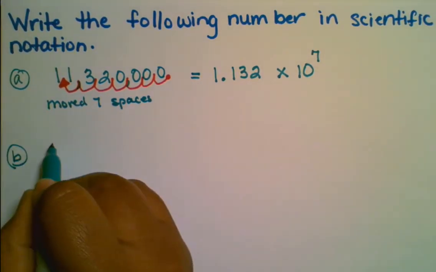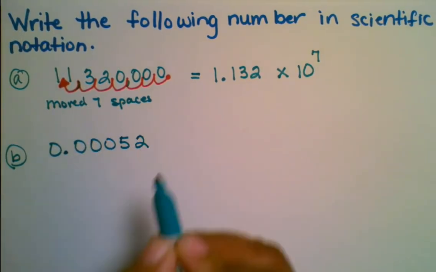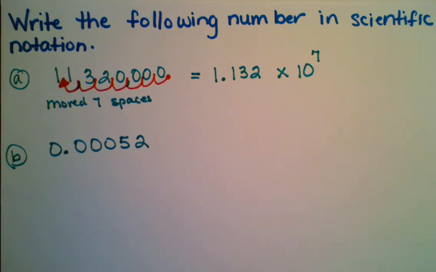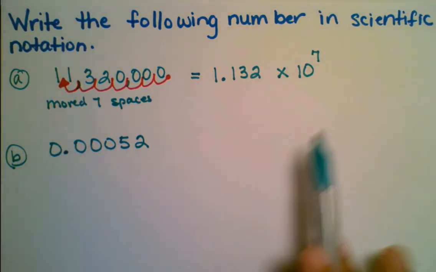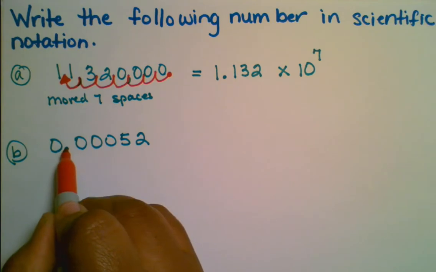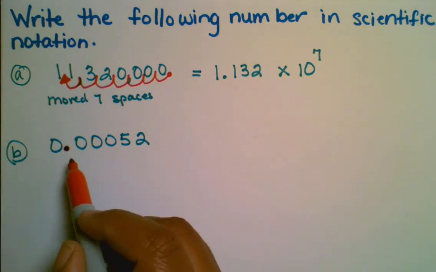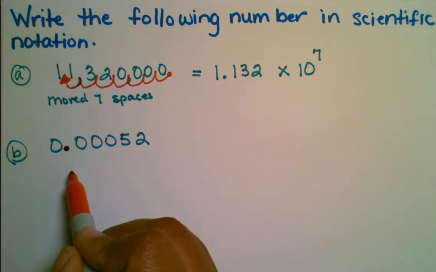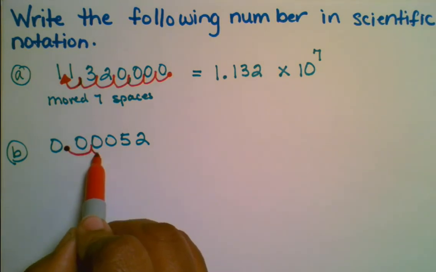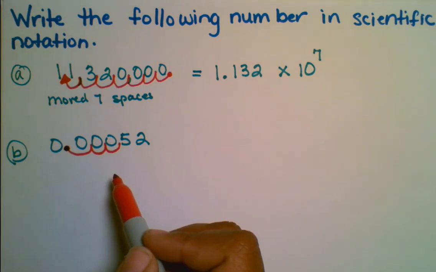Example B, we have 0.00052, and we want to write this decimal number in scientific notation, with the decimal between 1 and 10. So here we have our decimal point, and we want to move it to a location that will give you a number between 1 and 10. So let's count over. 1, 2, 3. Now, if you stop here, that's 0.52, and 0.52 is not between 1 and 10.